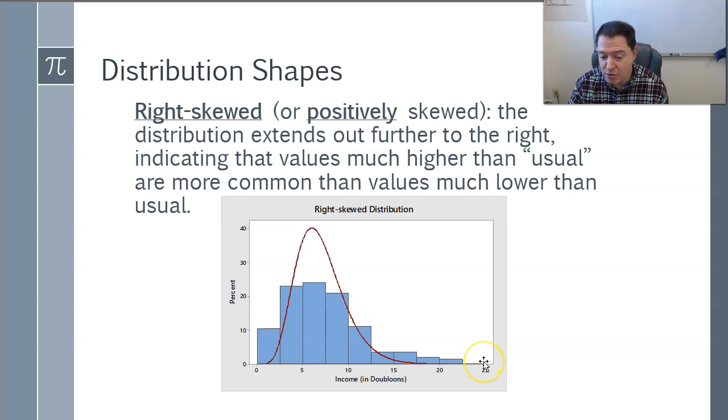That's what our intuitive understanding of outliers is supposed to mean: outliers lie far away from our typical values. And if they're lying far away on a right skew distribution, I would expect them to be high values, because that's where the tail extends out to, toward higher values.